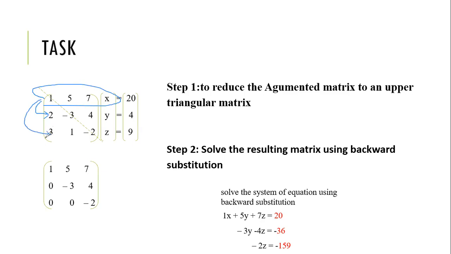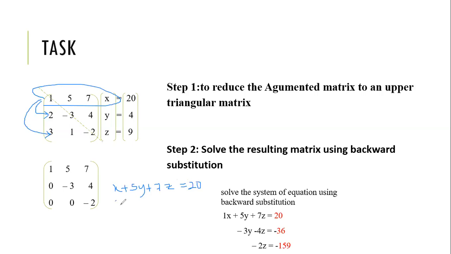Now, the whole idea behind this is, the normal equations would have been written as: x plus 5y plus 7z equals 20.